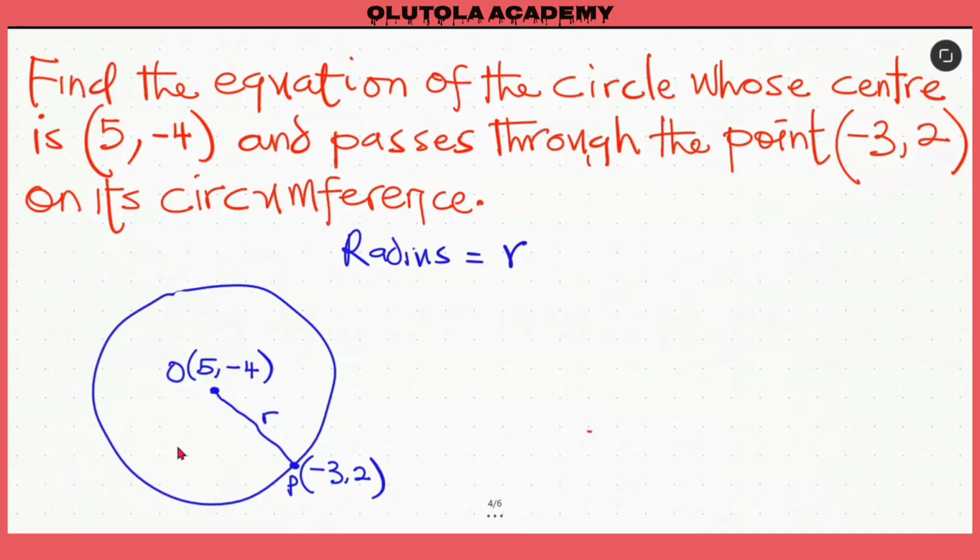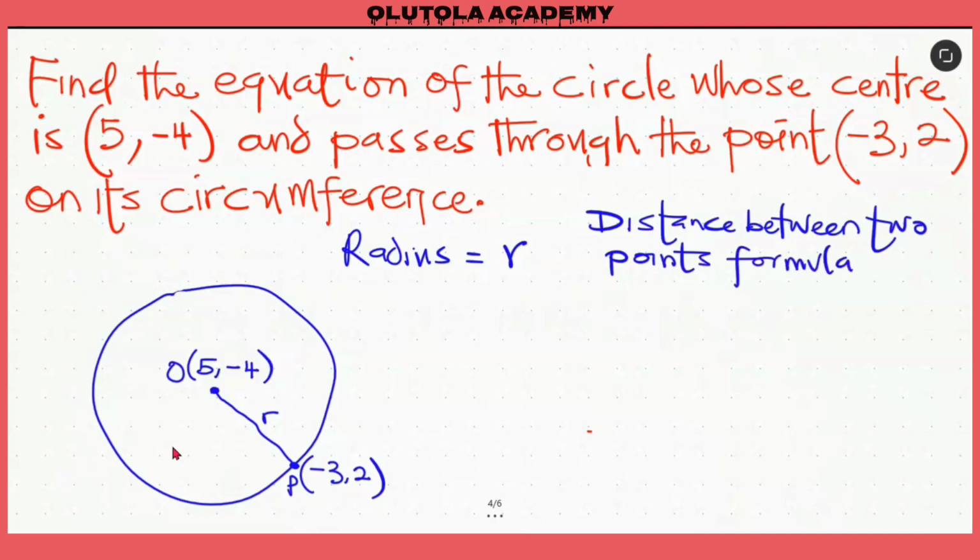You remember the distance between two points formula. In this case I'm going to say R square equals OP square, and OP is that line, that radius.